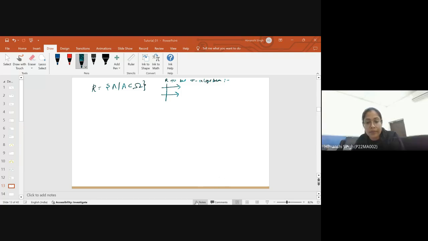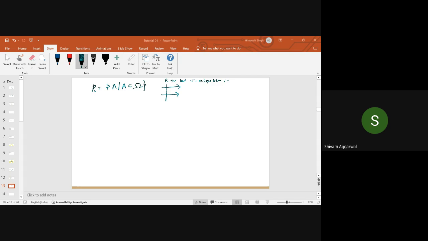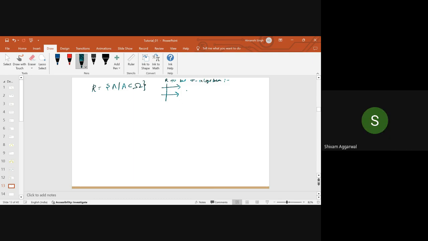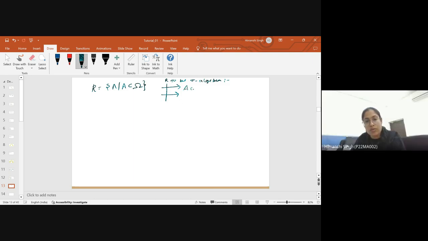Apart from that, a countable union of sets also belongs to the algebra. So basically, if any A belongs to R, it should imply that A complement also belongs to R. And if A1, A2, and so on is any sequence which belongs to R, this implies that their countable union, i going from 1 to infinity, should also belong to R. Then we will say that this is a sigma algebra.